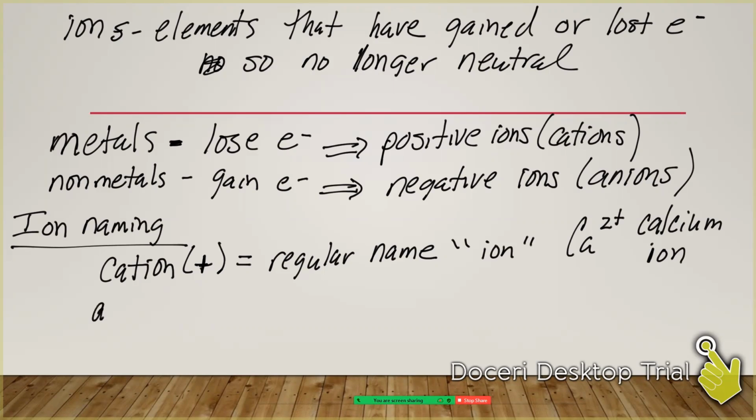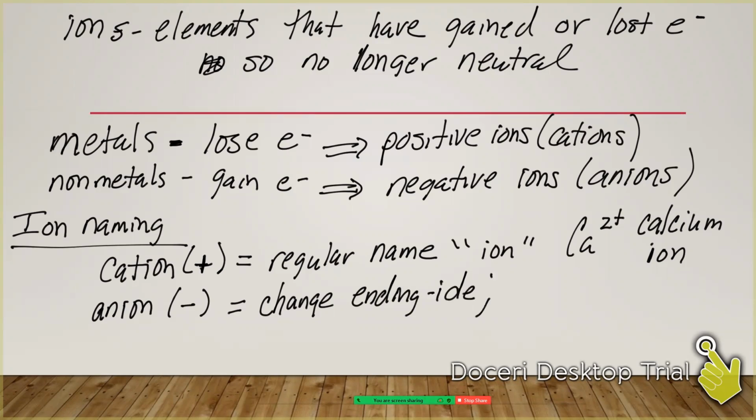If it is an anion, then I'm going to change the ending to -ide, I-D-E. The word ion is optional, because once you see that ending change to -ide, that tells you it's an ion.